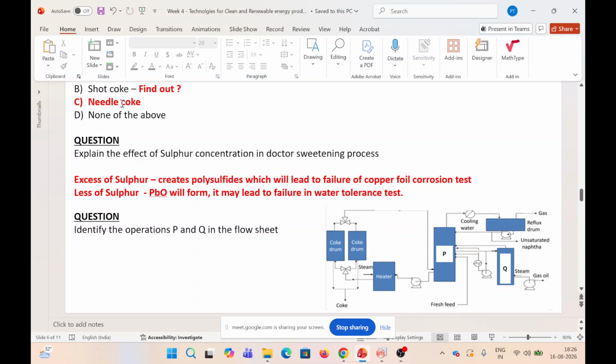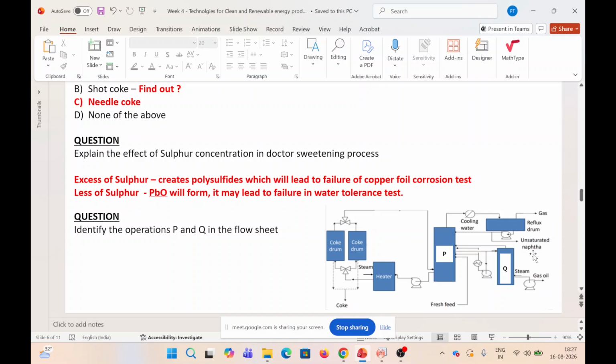P and Q. You can look at the process flow diagram carefully, and you may be able to guess what component P and component Q may indicate. See, component Q: after the stream leaves Q, you obtain gas oil. Once the stream leaves the component Q, you are going to get gas oil.